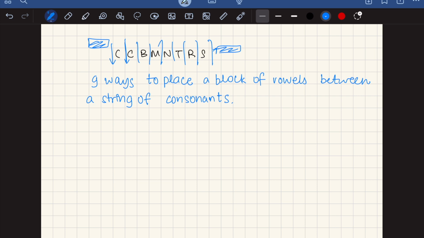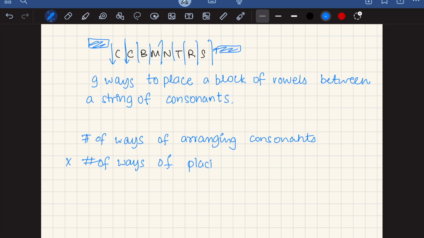So what we are doing is, our answer would be the number of ways of arranging consonants, multiplied by the number of ways of placing the block of vowels, times the number of ways of arranging the vowels.